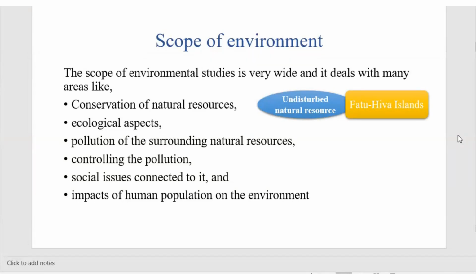These resources have to be protected, and one way of protecting them is to control pollution, and one way of controlling pollution is to probably limit the human population. That is why countries like China have strict rules for how many kids a family can have, and India does not. And we are moving towards becoming the most populated country of the world.